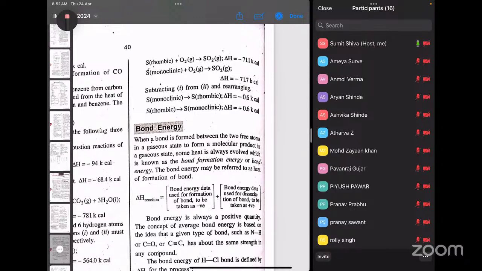The bond energy may be referred to as the heat of formation of bond. Delta H reaction is equal to bond energy data used for formation of the bond, to be taken as negative, plus bond energy data used for dissociation of the bond, to be taken as positive. So this is the formula to calculate enthalpy change of a reaction in terms of bond formation and bond dissociation, bond breaking.